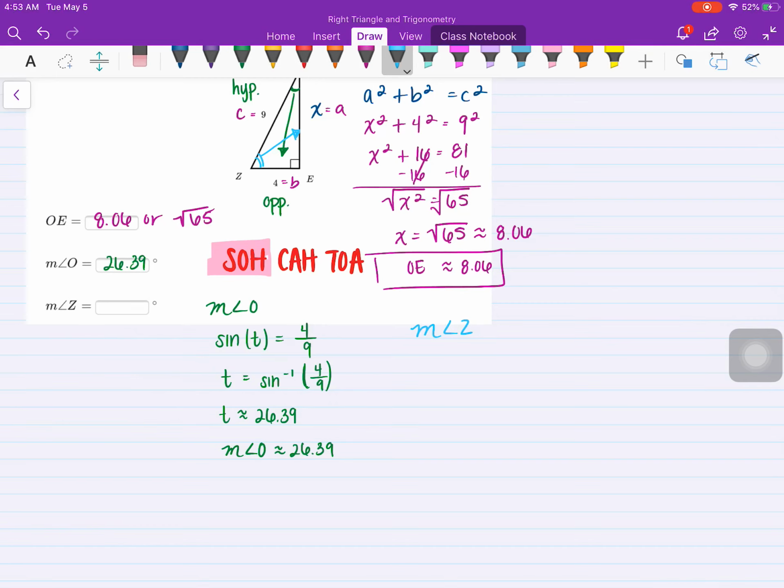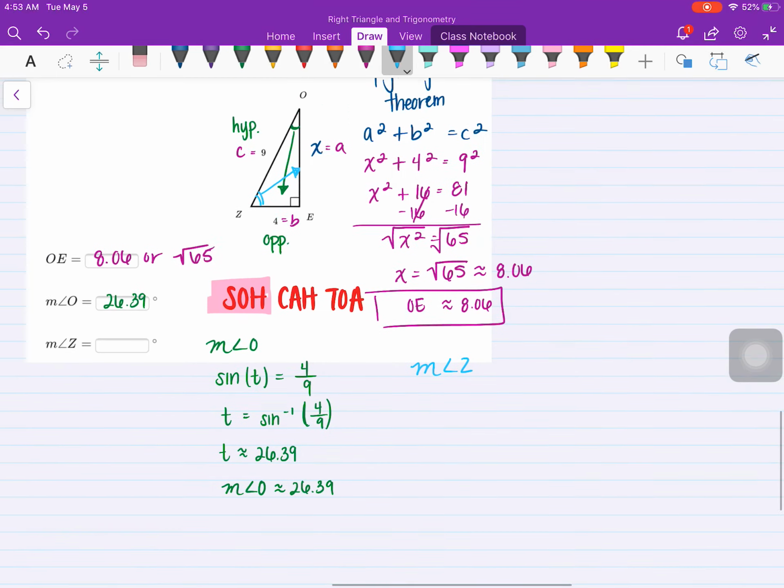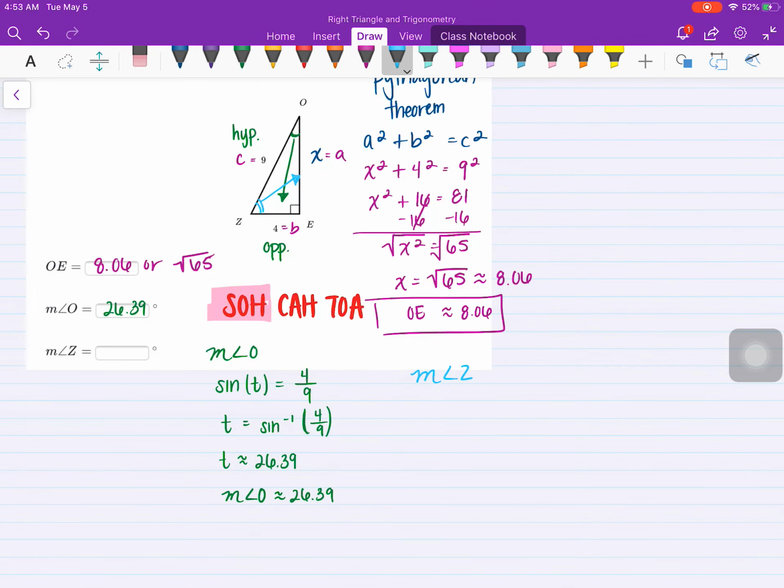Now I had said that I don't want to use that side, so I'm going to focus on the other side. This we said was opposite. So in this case now ZE is going to be considered the adjacent. So I'll cross this out and put adjacent. And the hypotenuse stays the same.